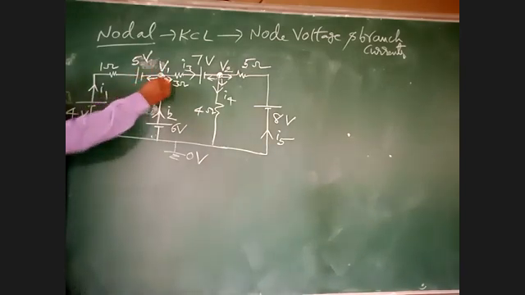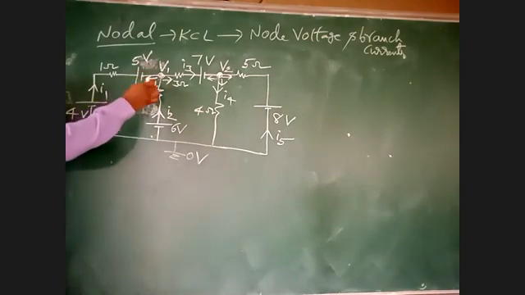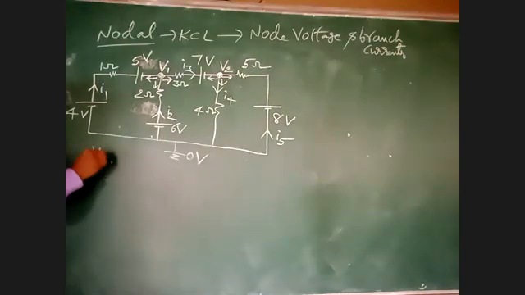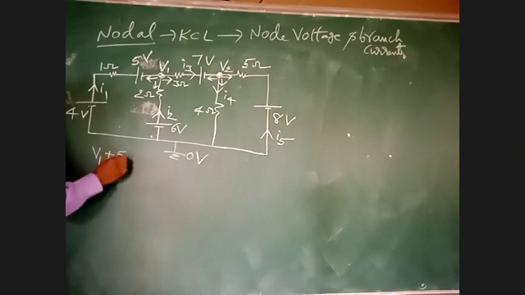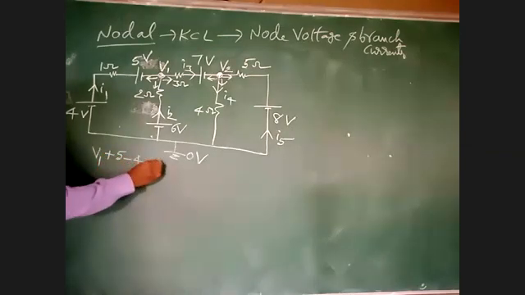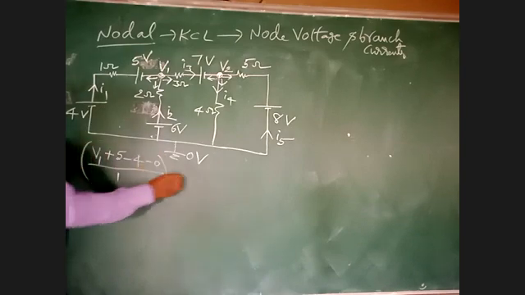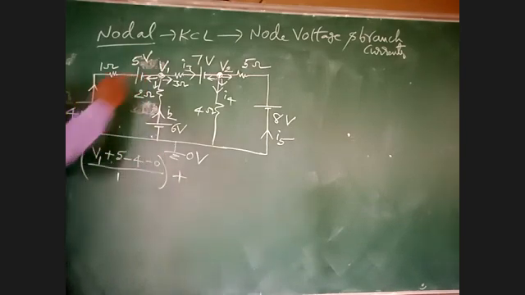Now I write the first nodal equation at V1. See three arrows. What is the first arrow? It is moving from V1 to 0. That is V1 is positive, plus 5 minus 4 minus 0 by 1. First arrow is completed.